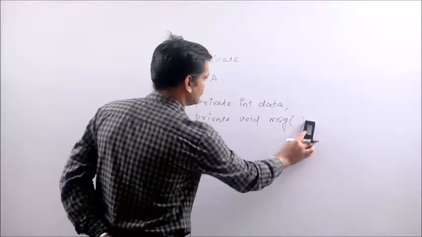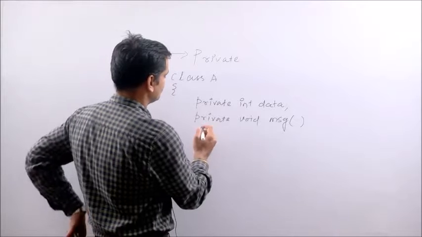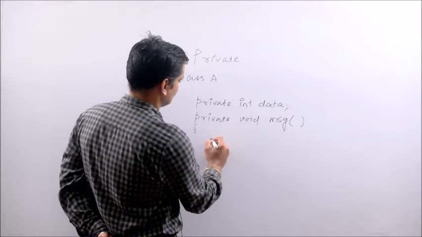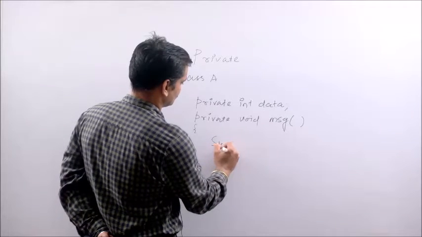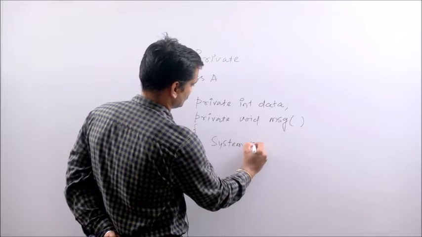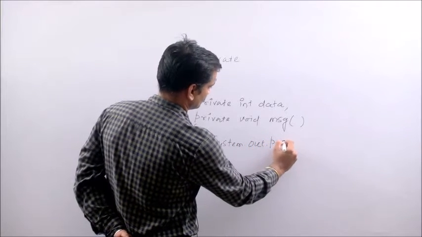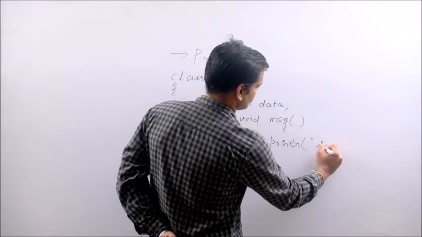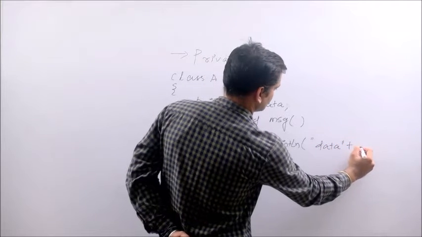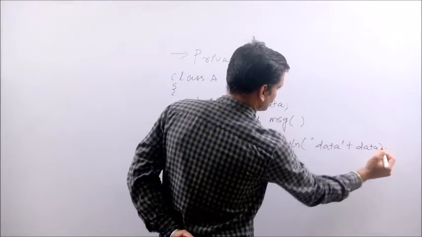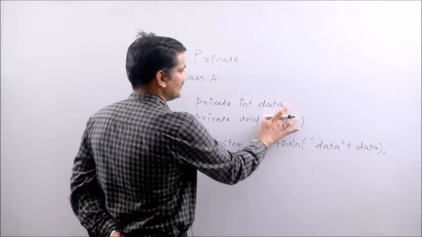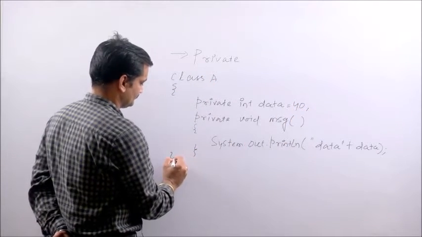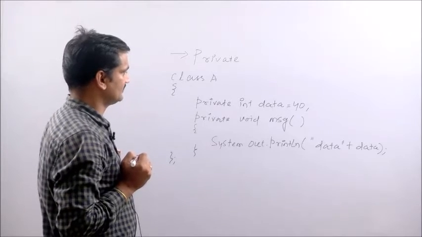This member function is going to display the value of data. So, this is the definition of a class A.